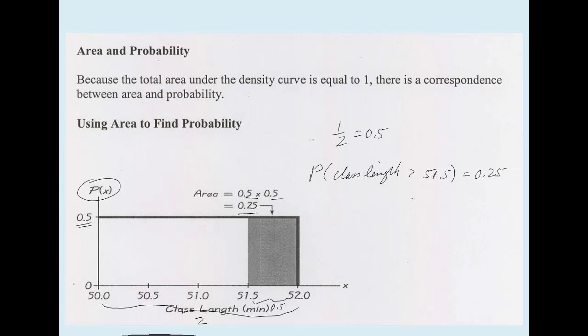So the probability that the class lasts for more than 51 minutes is 25%. And that's how you use a uniform distribution. So the key is finding the time duration and dividing it into 1, and that gives you your constant probability.